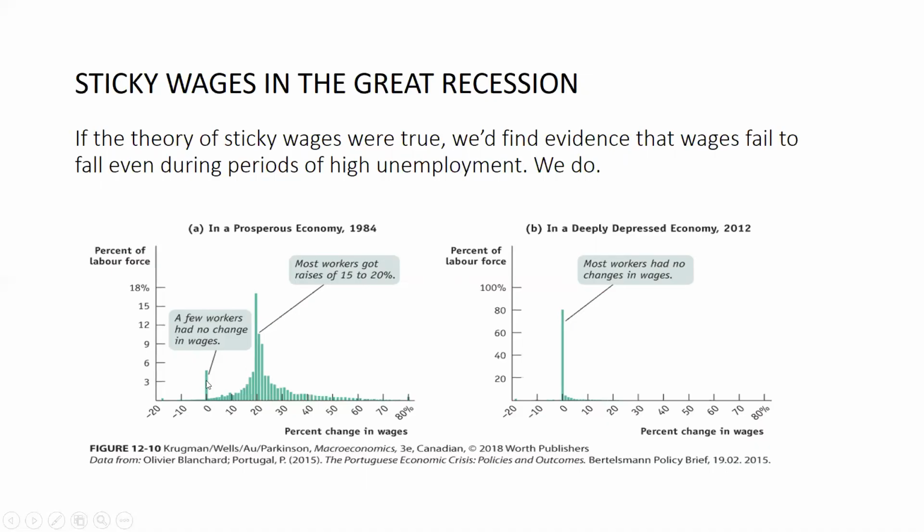There were a few workers who were not receiving any changes. But look at what happened in a deeply depressed economy, like in 2012. You would expect, based on our model, that wages would have to go down, but there was some stickiness that didn't allow it, and so most wages did not change. So this provides some evidence for stickiness of wages, at least downward, but even to some extent upward.